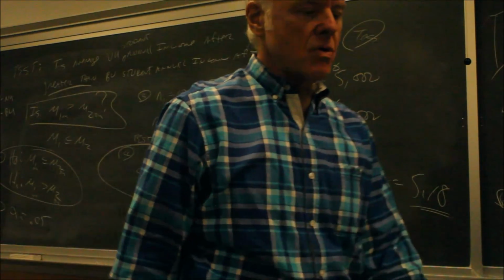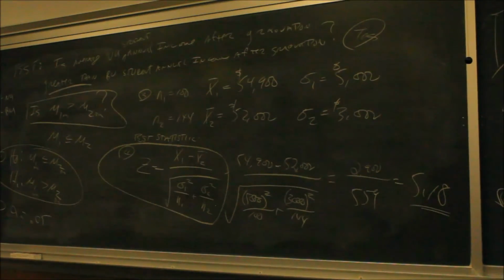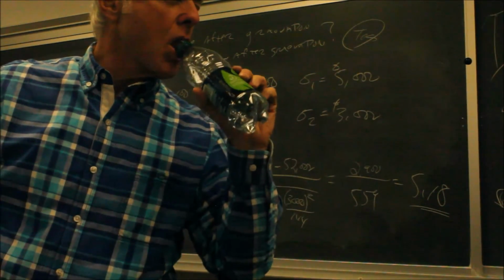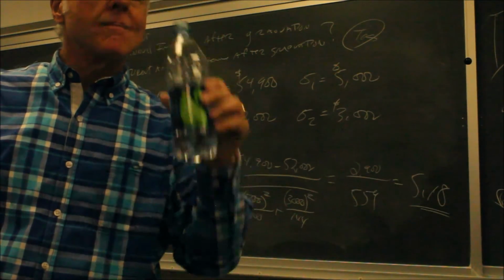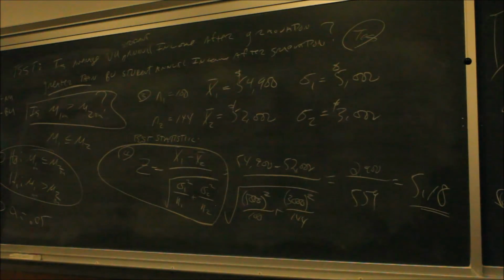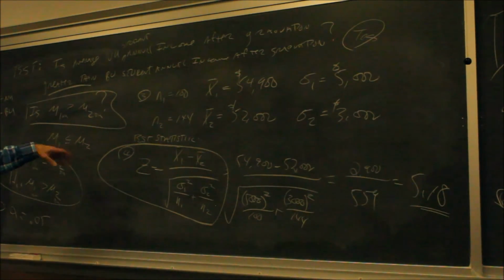Anybody have any questions then on 2 sample tests of hypotheses? Unrelated. These are unrelated populations, meaning, is there any relationship between BU graduates and NU graduates?